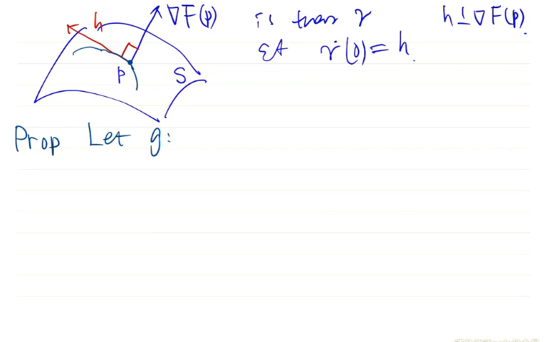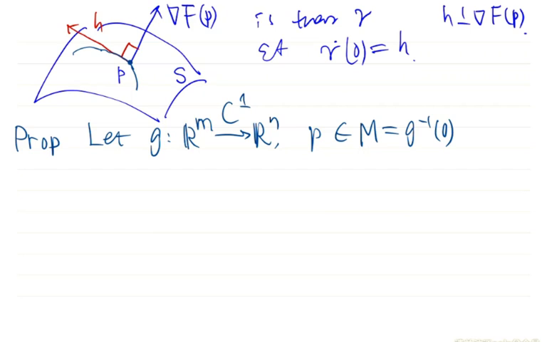Let G be a continuously differentiable map from a Euclidean space to another Euclidean space, and P is a point in the zero set. That is, G maps R^m to R^n, the pre-image of the origin in R^n, that is G inverse 0, is a subset of R^m.